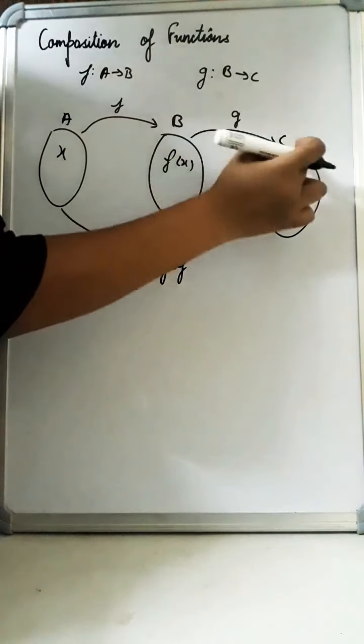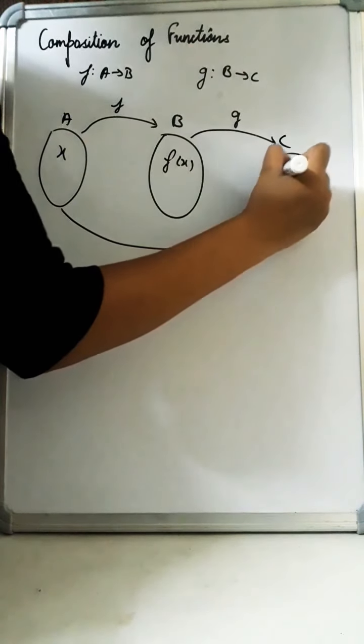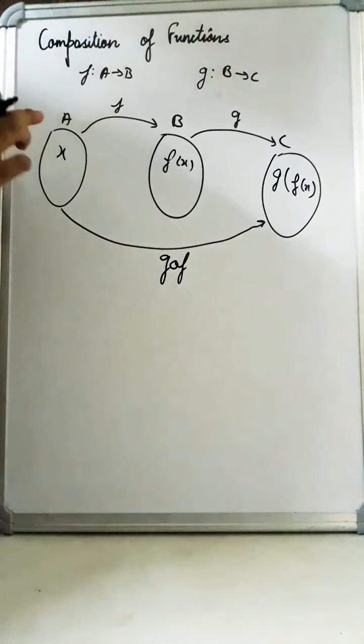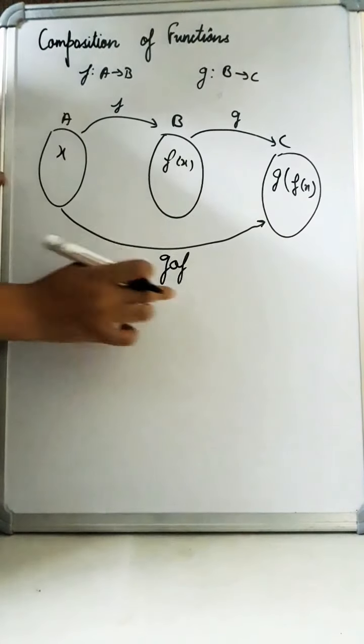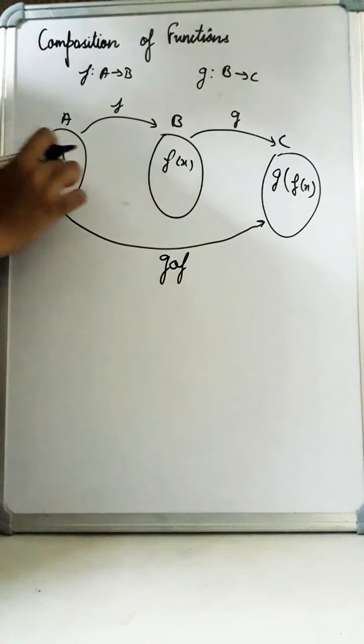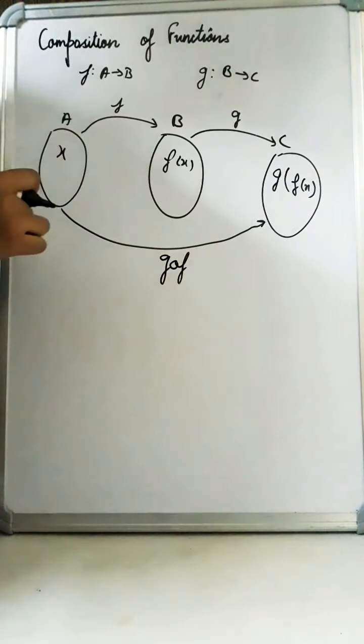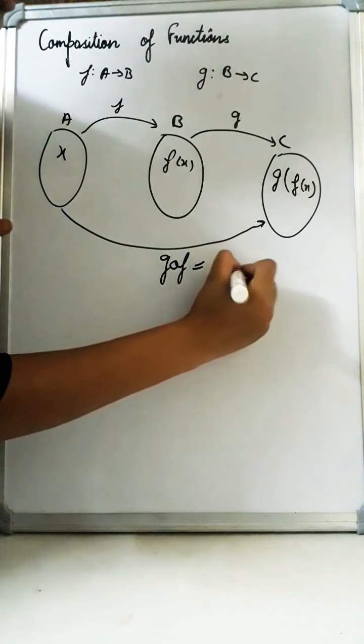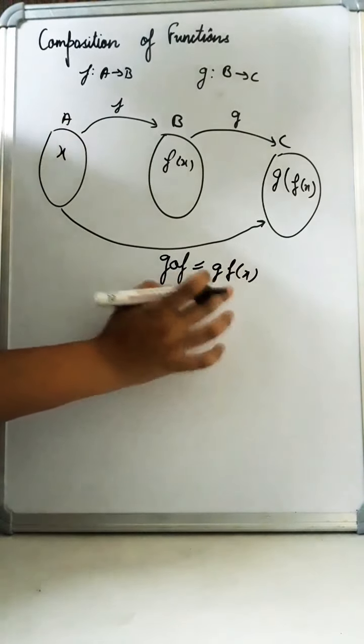Means what will we get as a result? g of f of x, right? So ultimately, when we are treating x in g of f, what are we going to get? This is equal to g of f of x. This is how you denote it.